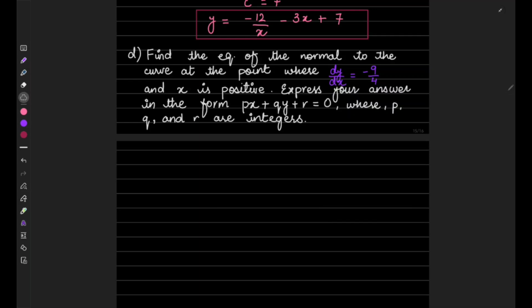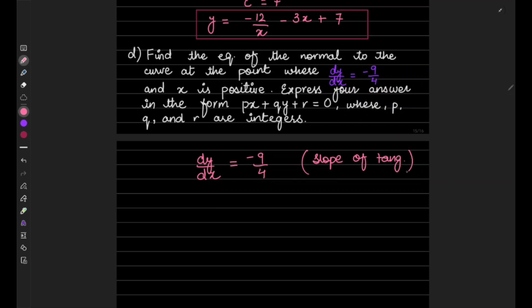So first, consider the thing that is given to us: the derivative equals minus 9 over 4 for this curve. That means this is the gradient or slope of the tangent.